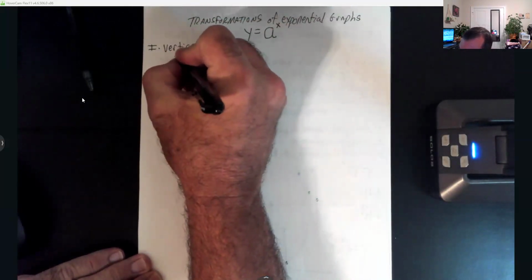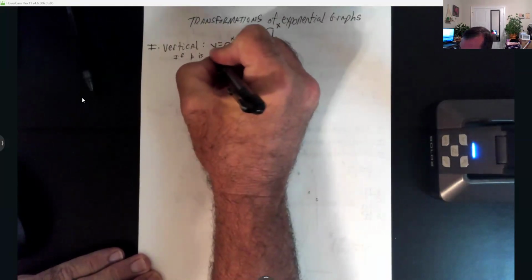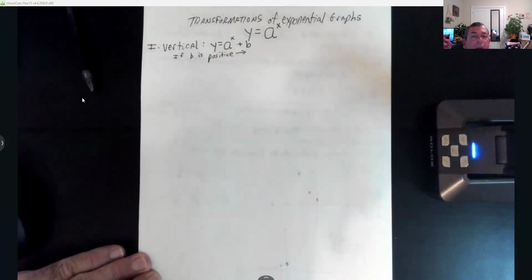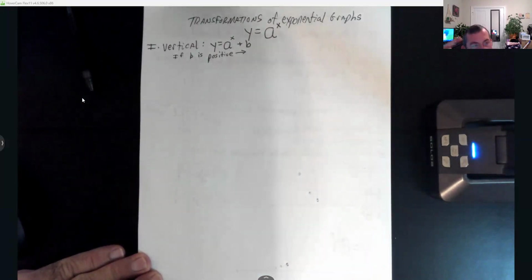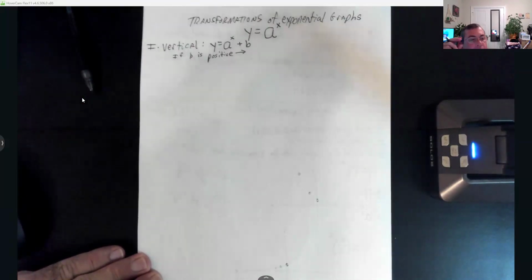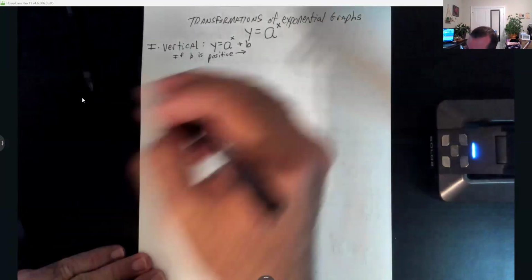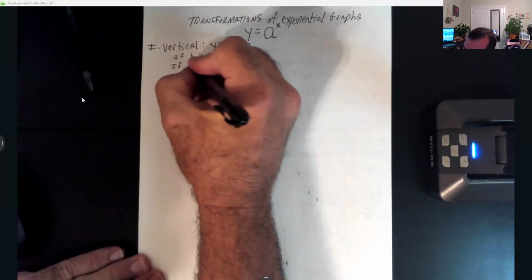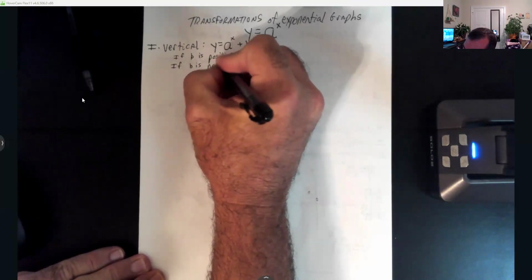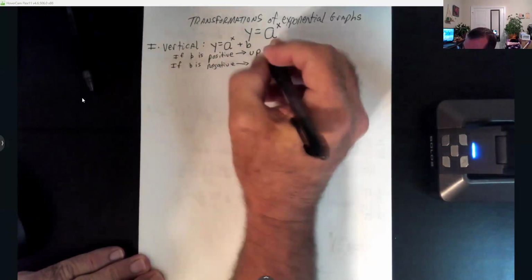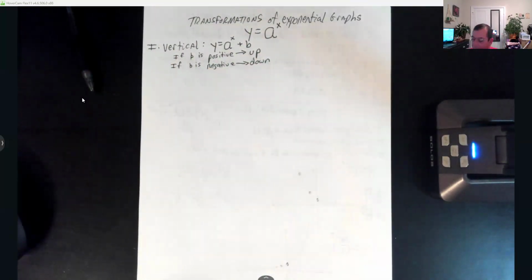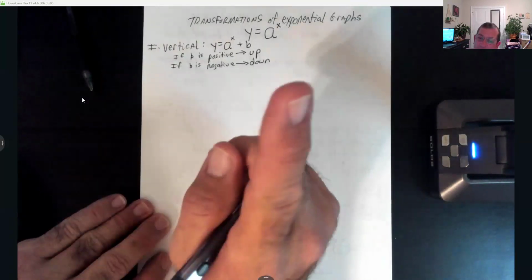So if b is positive, y'all did transformations in 7.2. If that b is positive, am I going up or down? So we're going up. Good job. Which means if b is negative, we're going to go down. Okay. So that move is exactly the same as it was in 7.2.